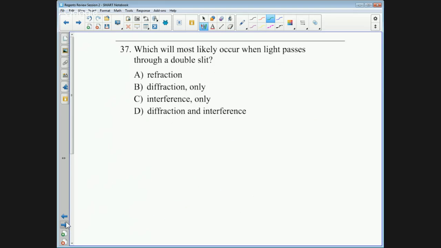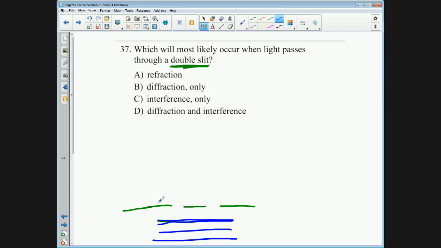For 37, which will most likely occur when light passes through a double slit? Here's this word double slit. So if we have a double slit, okay, here's my double slit. That's slit 1, slit 2. As the wave is passing through, let me redraw these waves with a different color. As the waves are passing through, what's going to happen is it's going to bend, right?